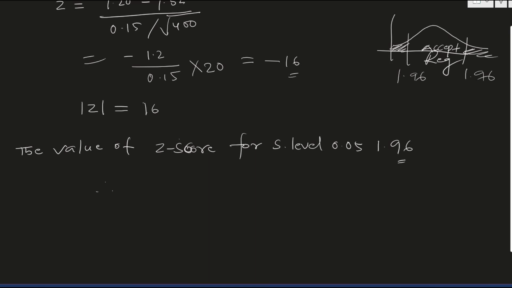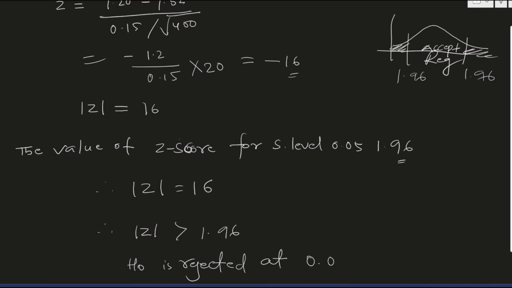Now in this case, since we have the Z value as 16, therefore absolute Z is greater than 1.96. Hence in this case, the null hypothesis is rejected at 0.05 level of significance.